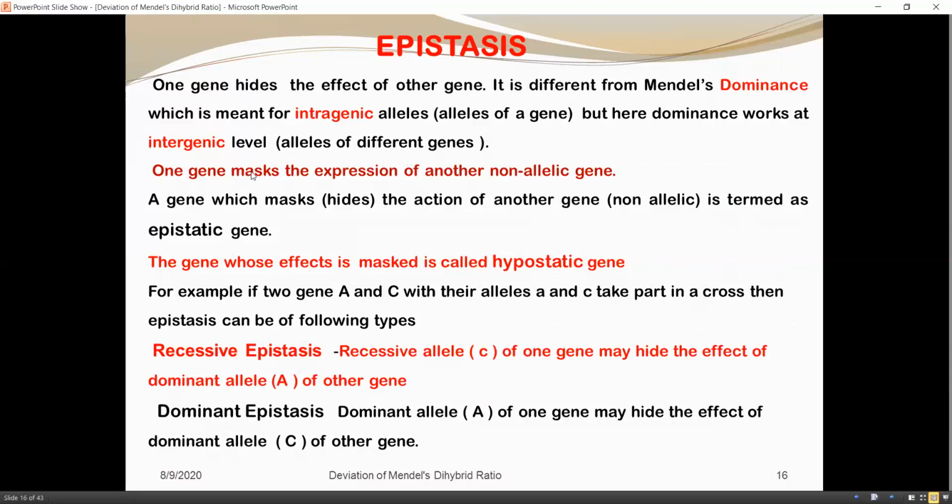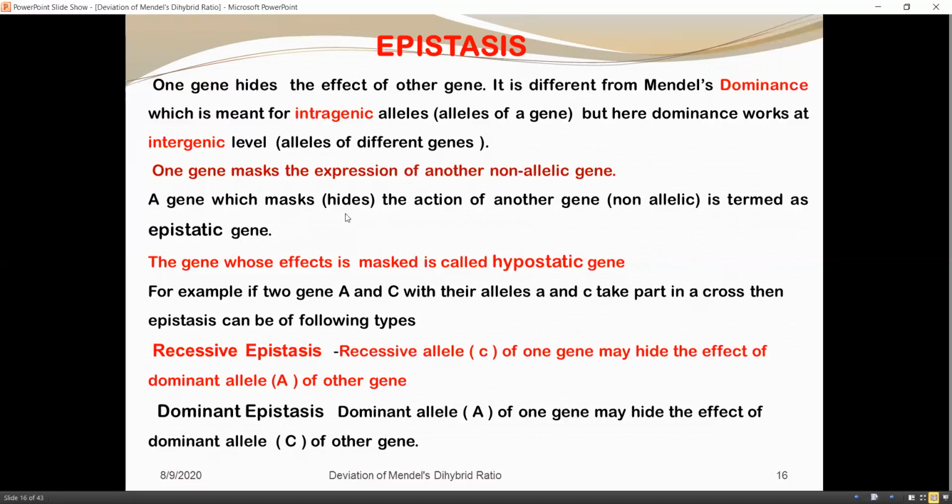One gene masks or suppresses the expression of another non-allelic gene. Mind it, it is non-allelic. Allelic dominance is allelic. Epistasis is the suppression of one gene on a non-allelic gene.